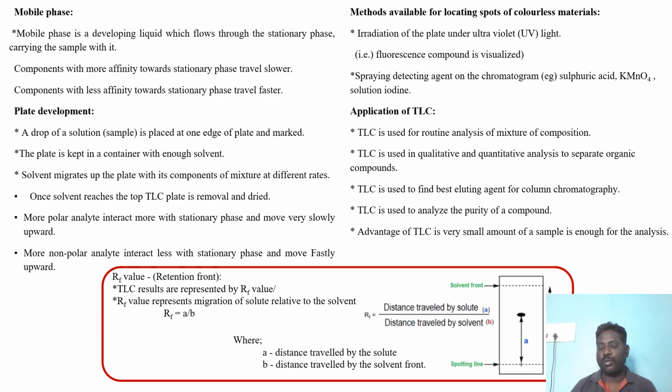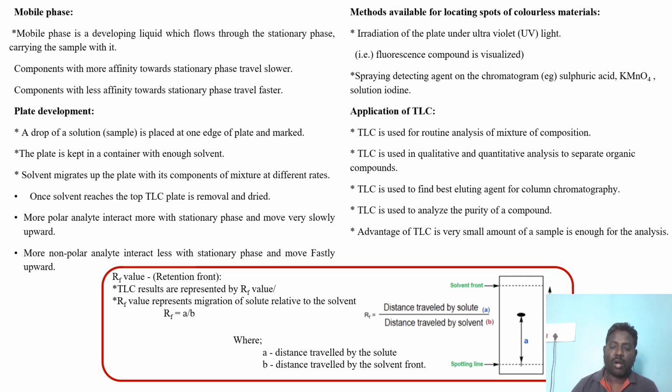Then you can use that solvent in column chromatography for better performance. And also the purity of a sample, the purity of a compound, can be analyzed using thin layer chromatography.